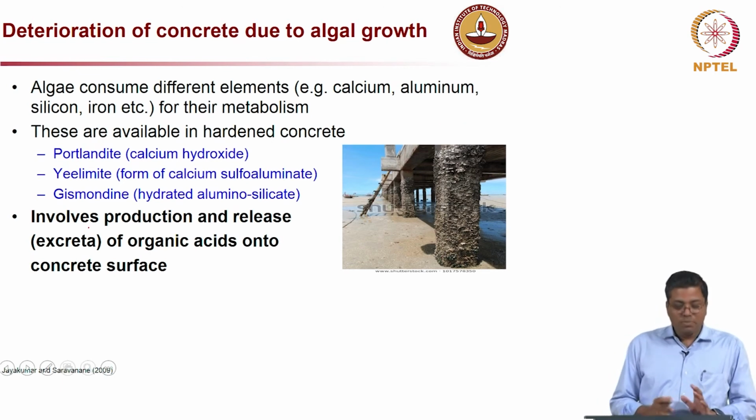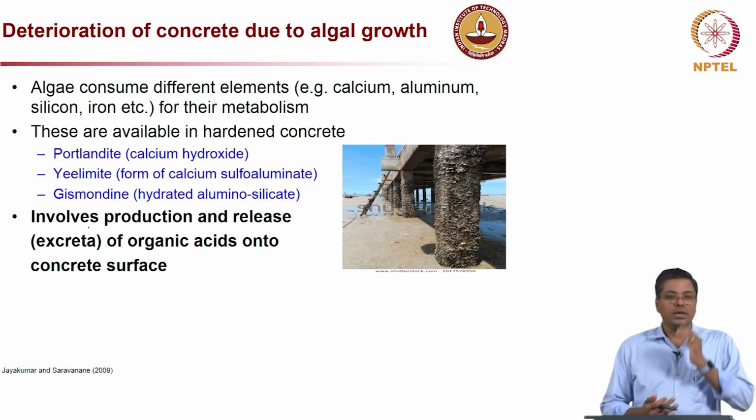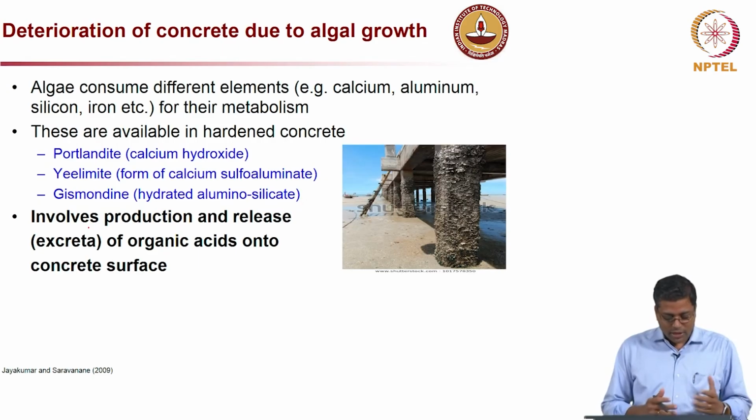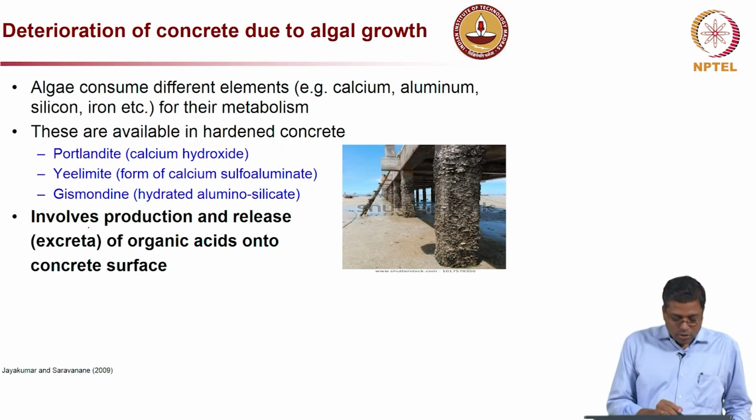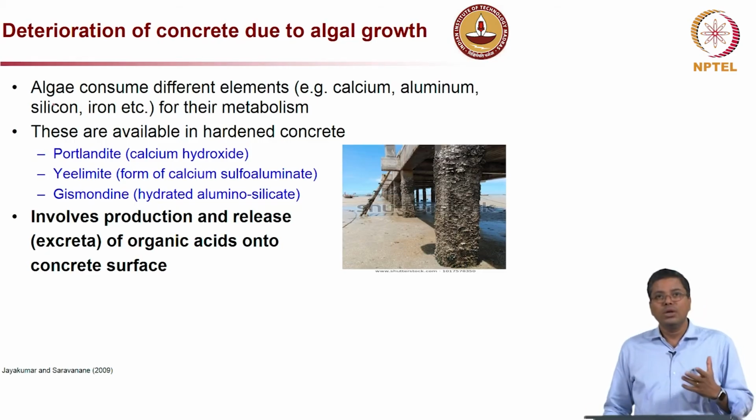So, the main damage mechanism here: a few minutes ago I asked why they are attracted to these concrete structures. All algae or these microorganisms consume calcium, aluminum, silicon, iron, etc. for their metabolism. Concrete has all of these available.